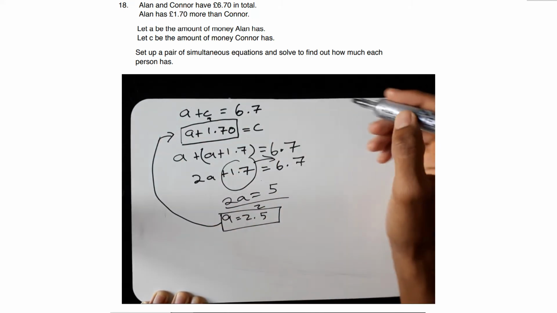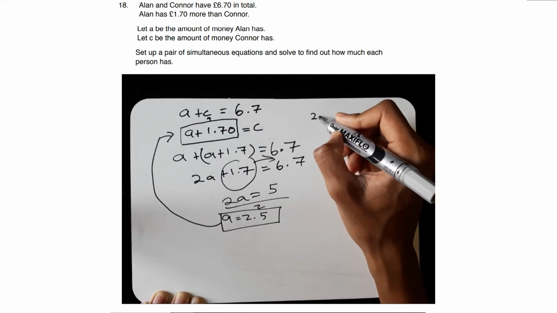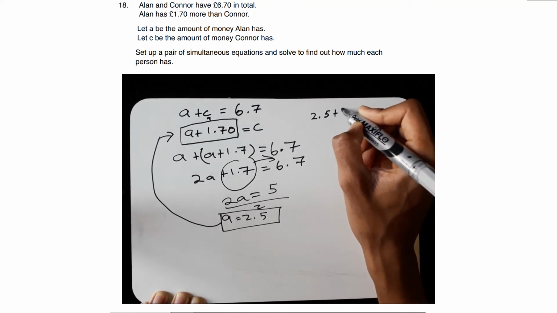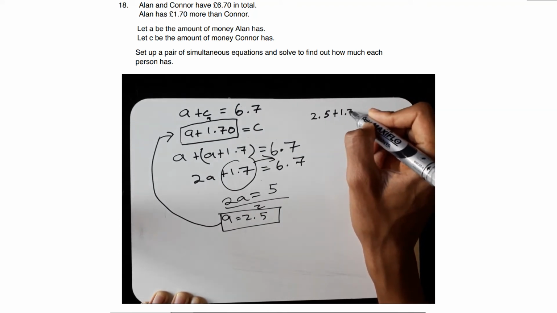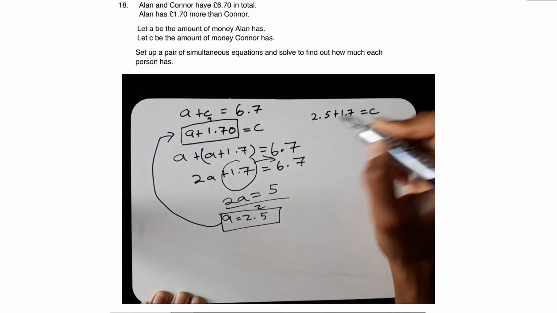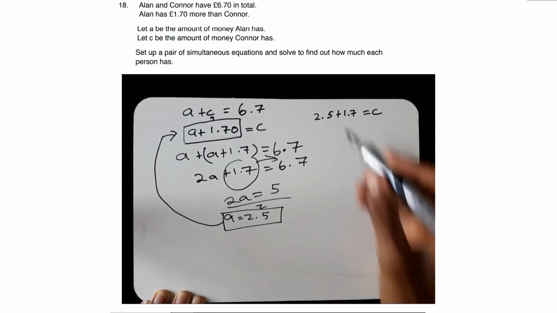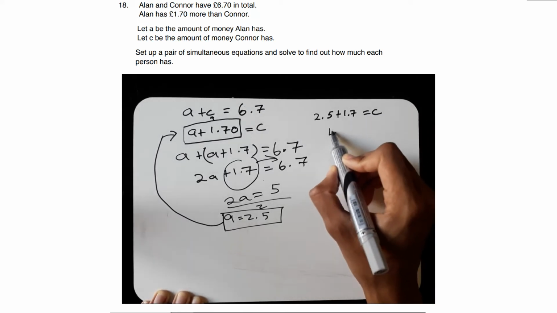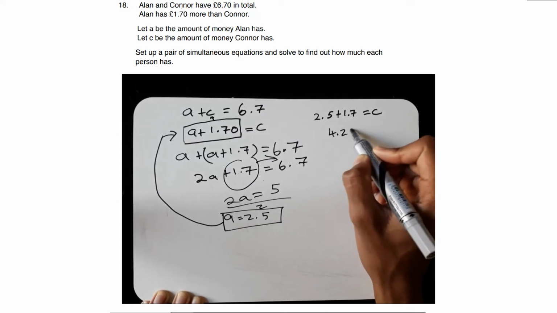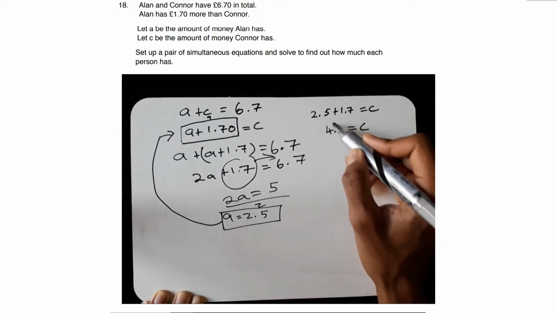So we're going to say 2.5 plus 1.7 is equal to C. If we add this, 4.2 is equal to C.